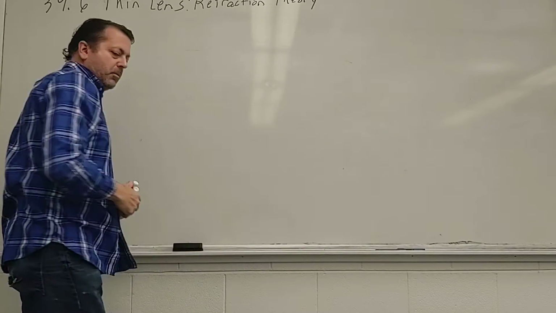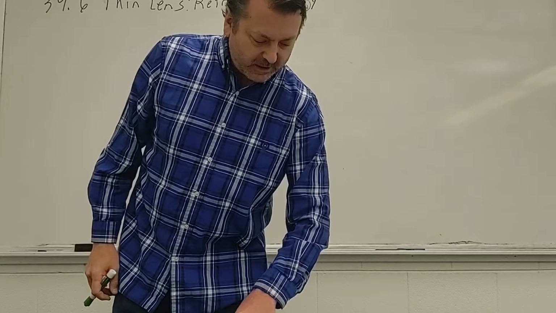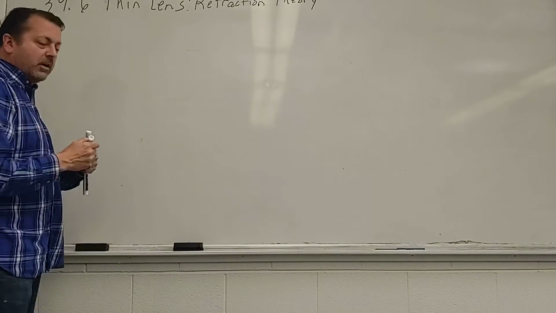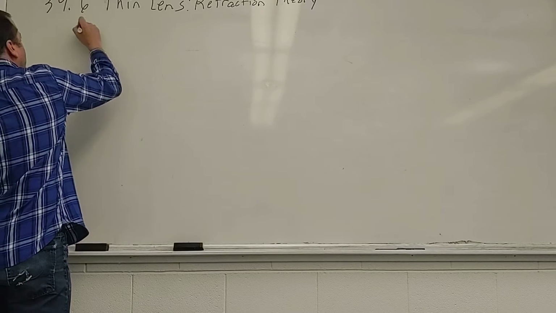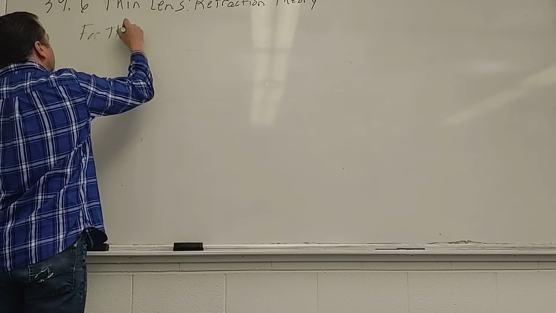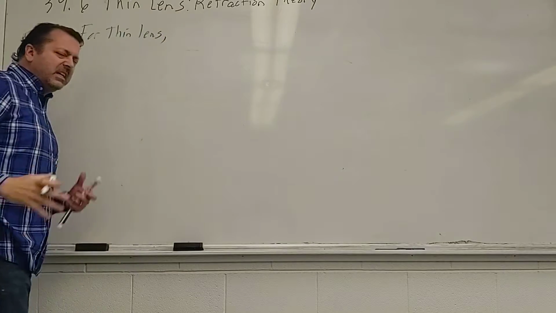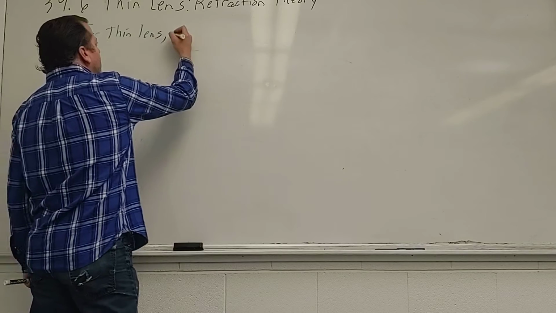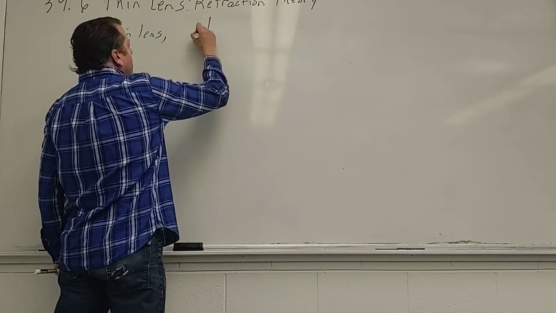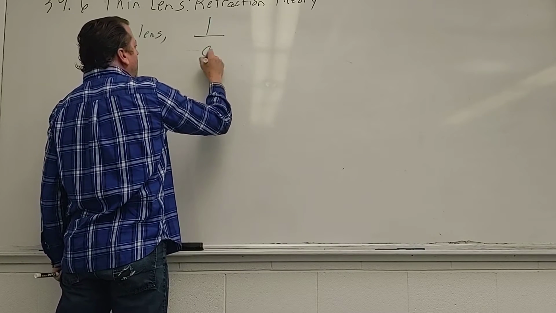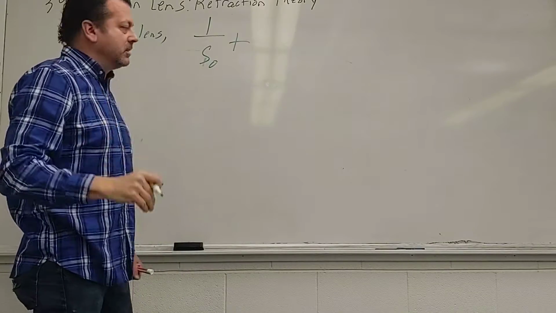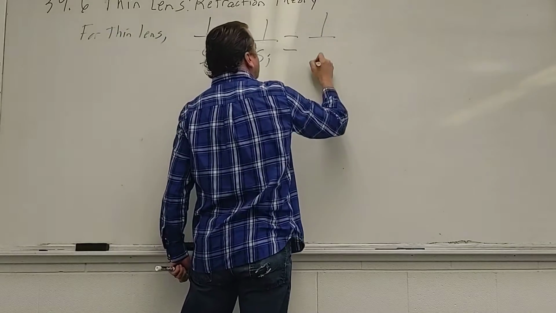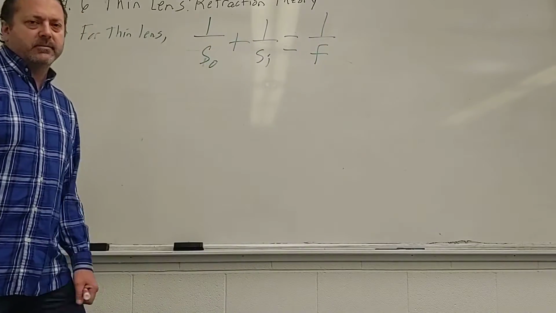So, the book goes through, on the next page, and they derive a little bit of stuff. And basically what they end up coming out of this is, for a thin lens, but we're not going to take into account curvatures and anything like that, there's a relationship that says 1 over the object distance plus 1 over the image distance equals 1 over the focal length.